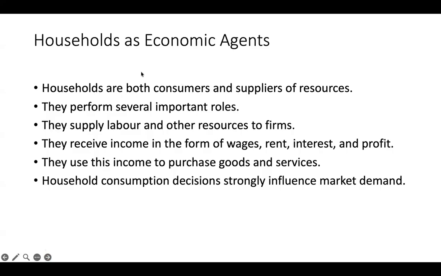Let's deal with each of the agents. So the household as economic agents. The household plays both the consumer and the supplier of what? Resources. They consume goods and services such as food, clothing, housing, education, transportation, healthcare, and others. Then they also provide the resources that firms need for production.